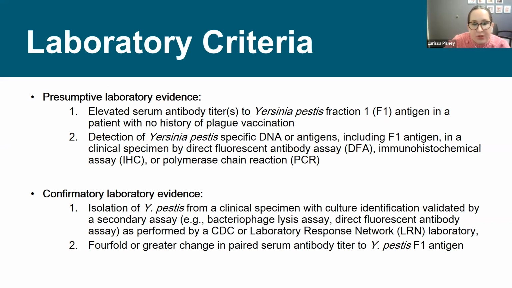Confirmatory laboratory evidence is isolation by culture that has been validated by a secondary assay performed either by the CDC or the Laboratory Response Network. And then in terms of serology, a confirmatory diagnosis again would be that 4-fold or greater rise in paired serology.